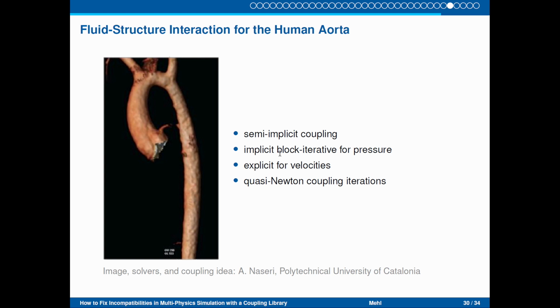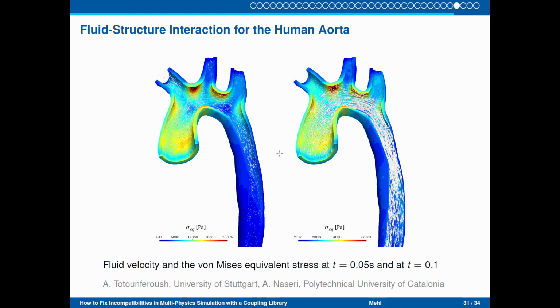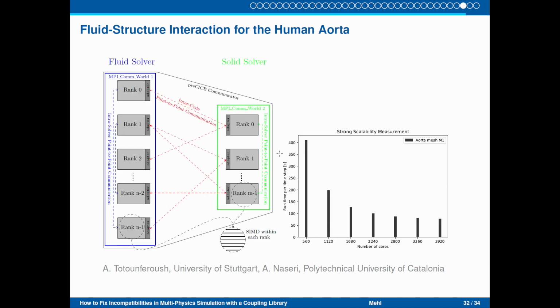He used these quasi-Newton schemes and different time-stepping methods, and the results looked as they should. They were very satisfied with the results, and this also scales up to, I think they're now at something like 16,000 cores. So you can really run this in parallel. And it worked, again, without having to rewrite your own iterative solver and your own parallelization for this problem.